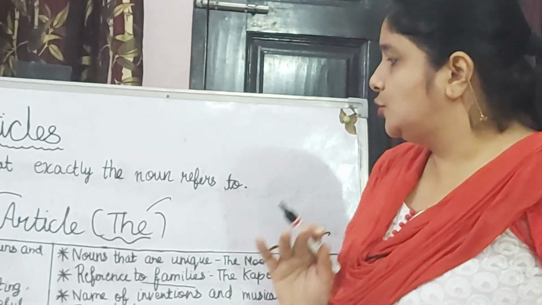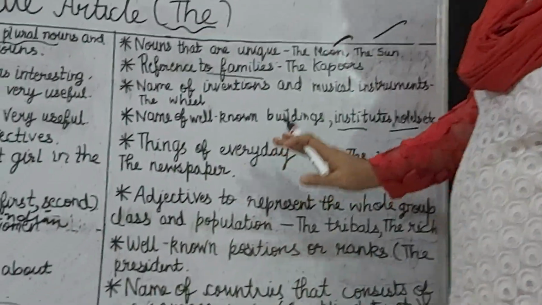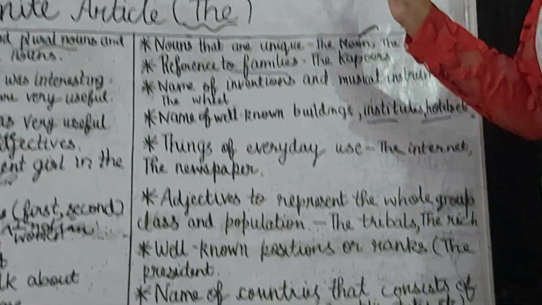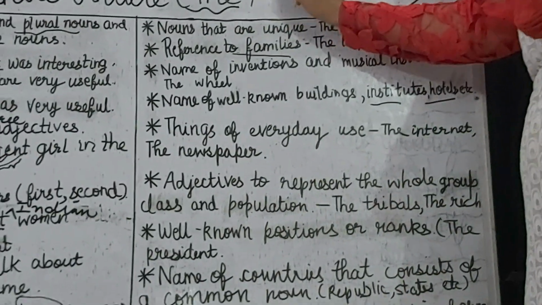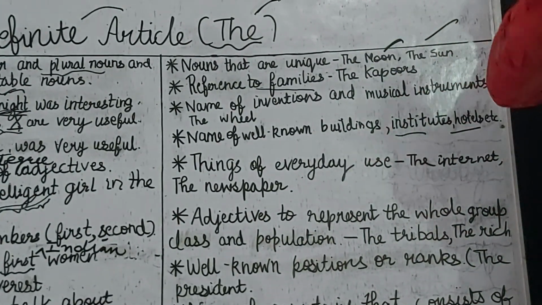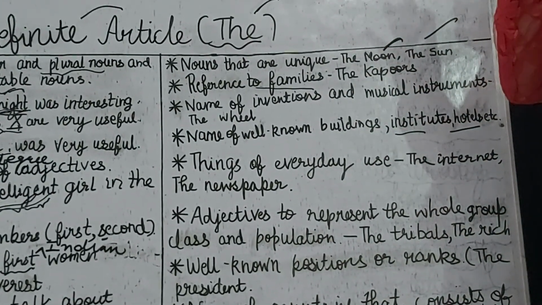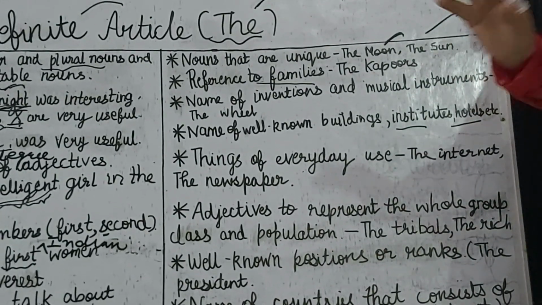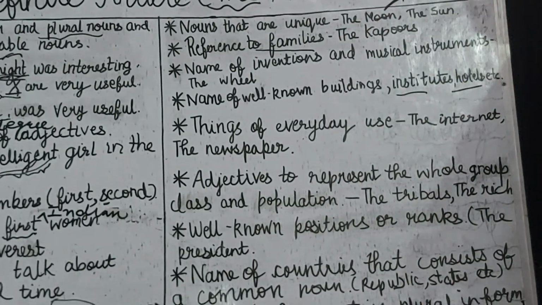So I already told you in the general sense we are not going to use the definite article, but when we are using it in a definite or specific sense, then we are going to use the definite article.